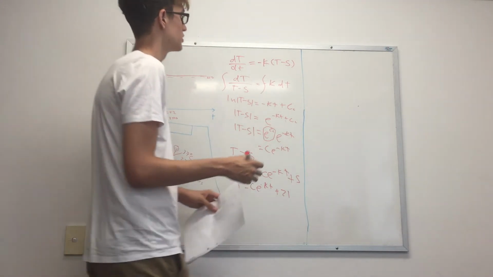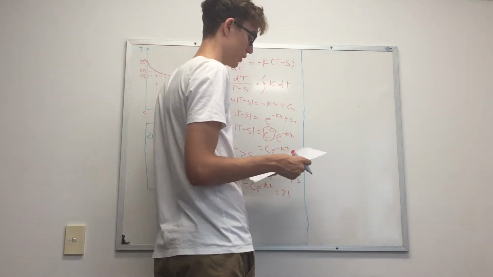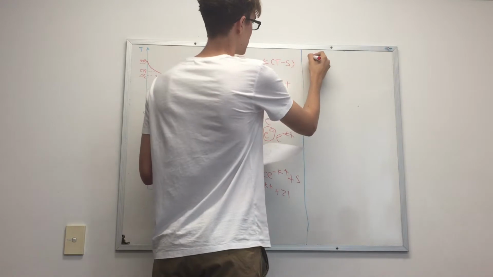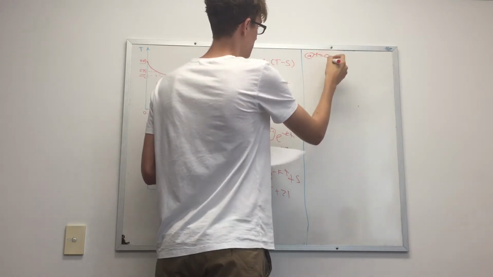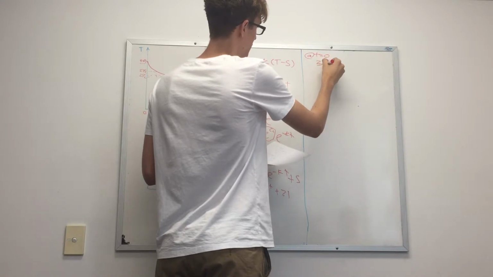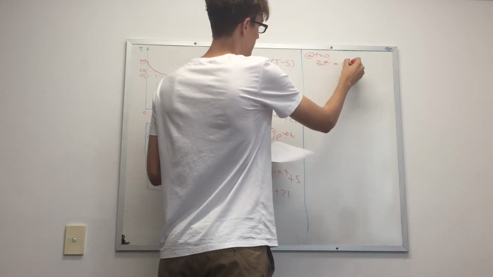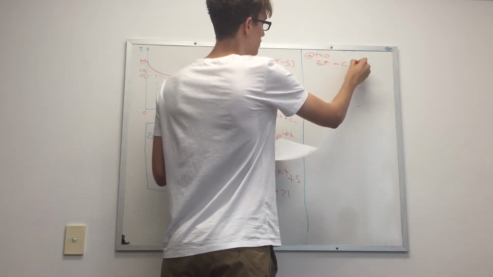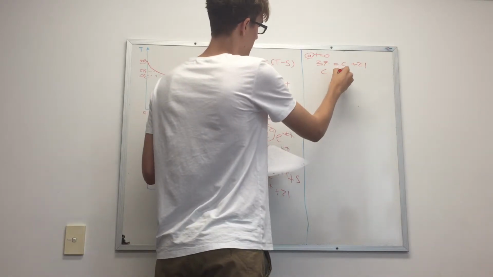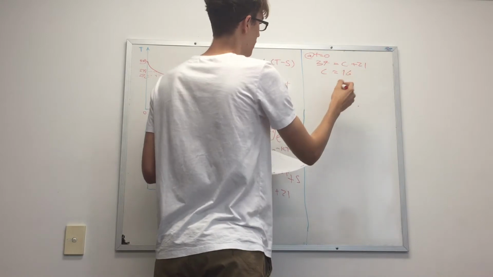So to do that, we'll employ a few different times and temperatures here. So at t equal to 0, which is the time of death, we know that the body is 37 degrees, which is equal to C times e to the 0, which is 1, so just C. And that will mean that C is equal to 16.